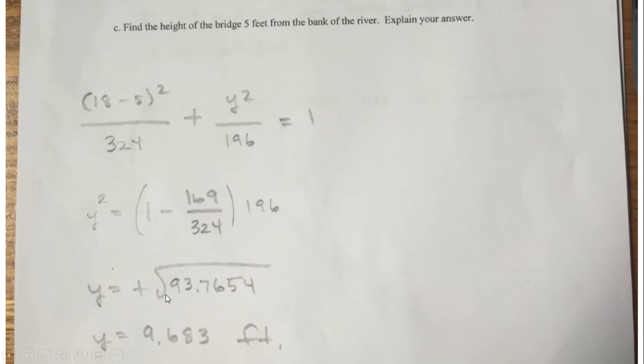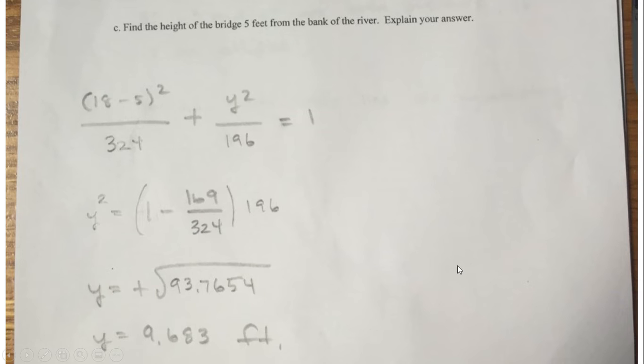So y is going to be the square root, and we're going to take the positive square root. Taking the negative square root doesn't really make sense. We're not going to talk about a negative distance, so we're just going to talk about a positive distance above water. So that's going to be the square root of 93.7654, which turns out to be approximately 9.6883 feet above the water.